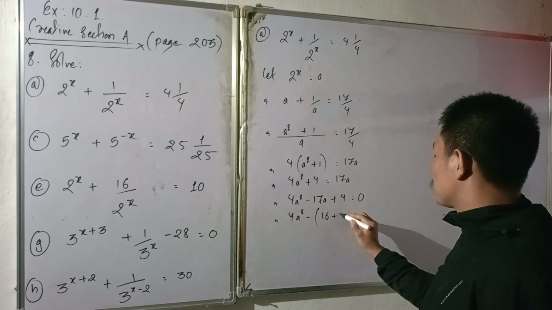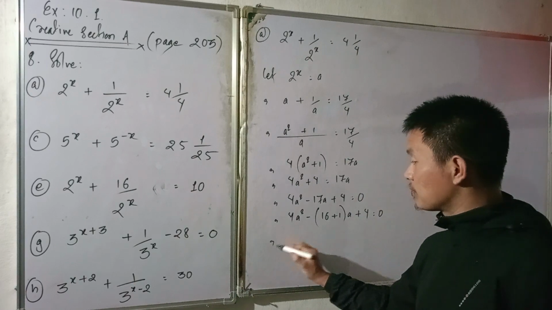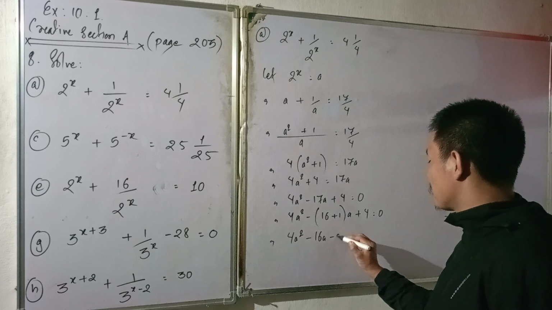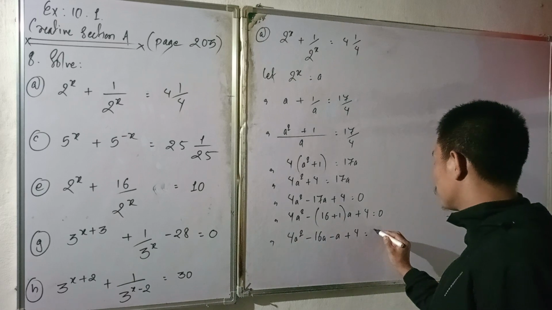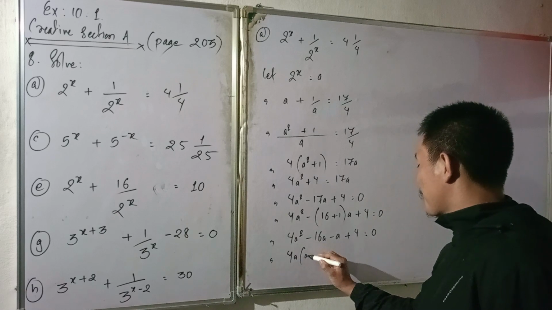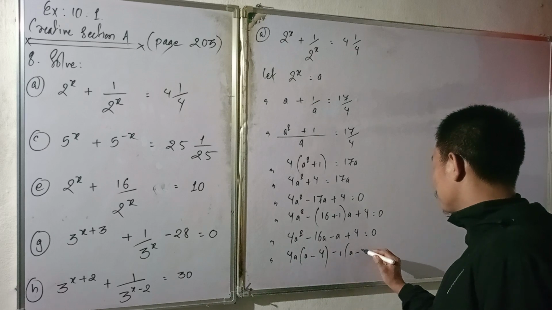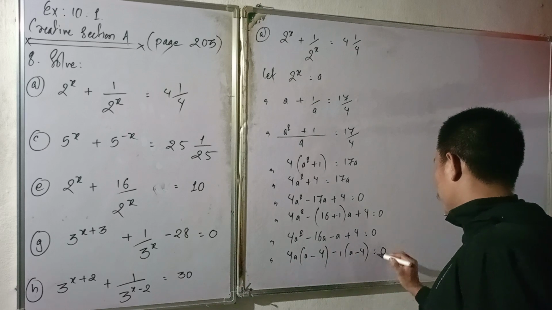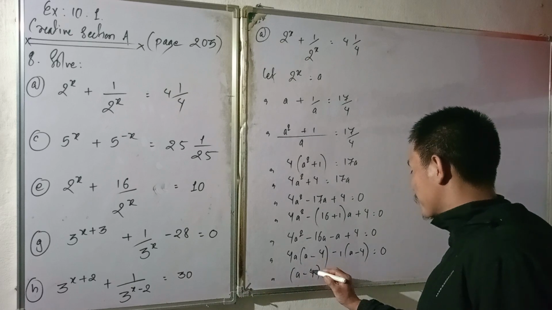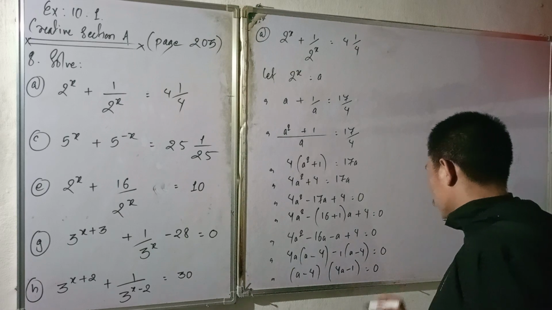You must know how to factorize. 4a squared minus 16a minus a plus 4 is equal to 0. Now you take the common factor: 4a minus 4 is 4 common, minus 1 common, a minus 4 equals 0, or a minus 4 times 4a minus 1 equals 0.